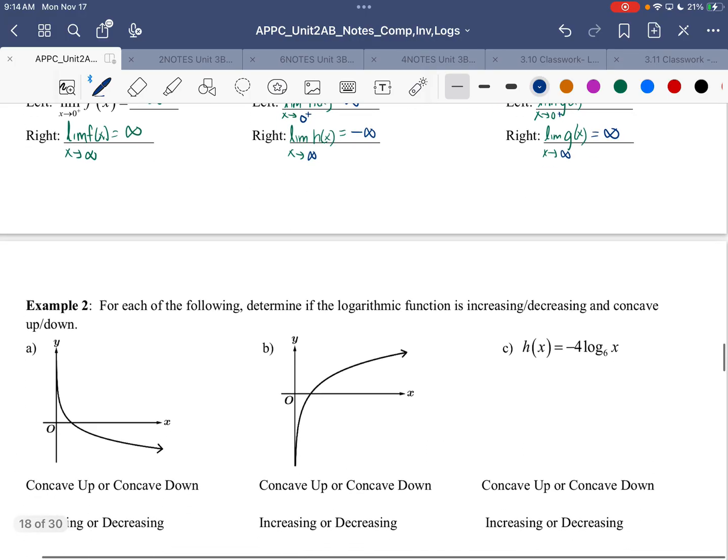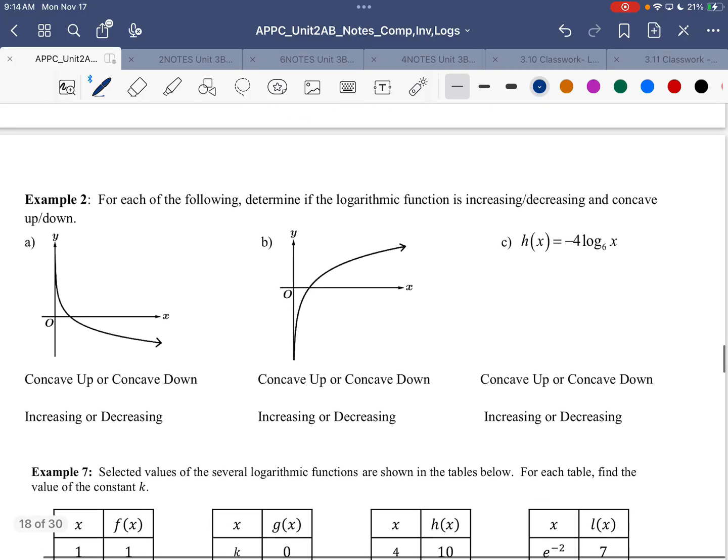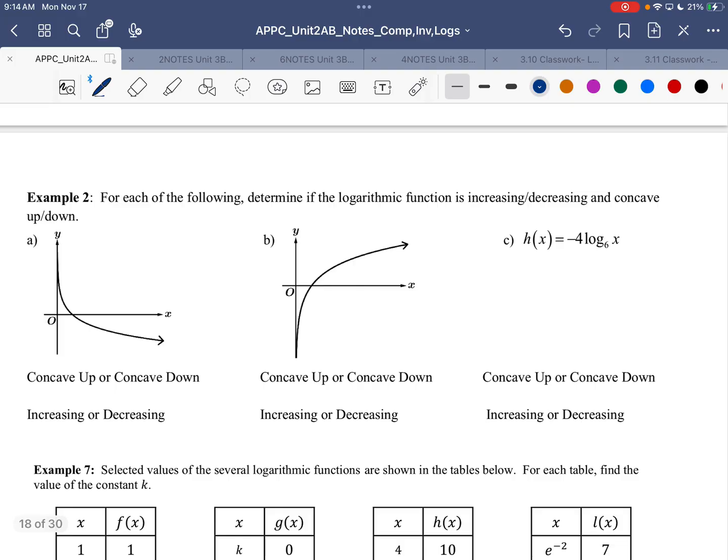Example 2 is talking about increasing and decreasing in concavity. Circle the ones that you think are appropriate for each of the graphs.